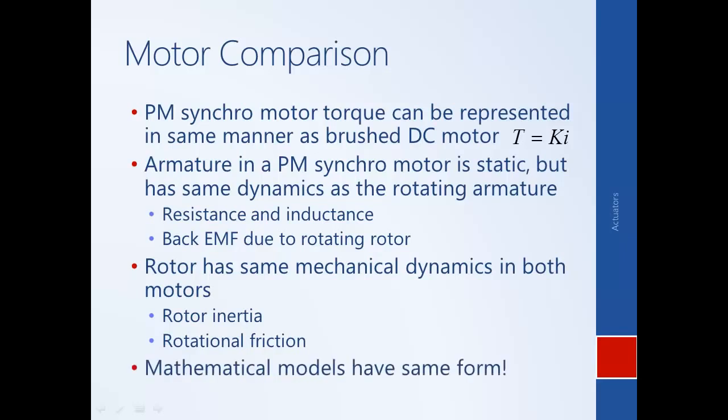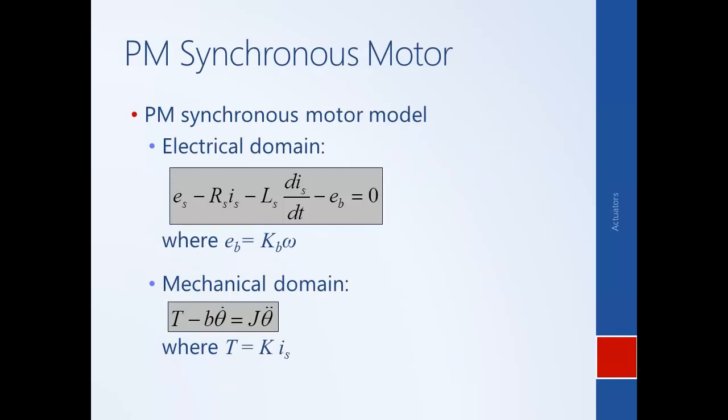So looking at this, the two types of motors have the exact same mathematical form. This is one of the reasons why a permanent magnet synchronous machine is sometimes called a brushless DC motor. What's different, however, is that sometimes the relative values of the parameters may be different. So here are the dynamic equations representing the permanent magnet synchronous motor, exactly the same as a brushed DC motor.